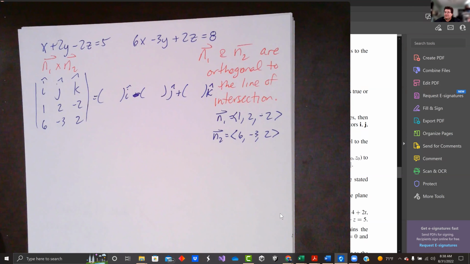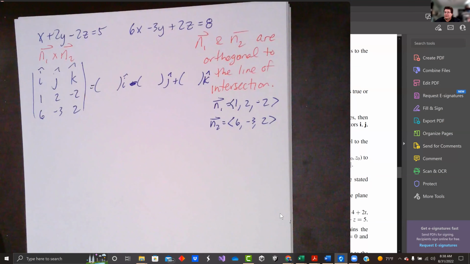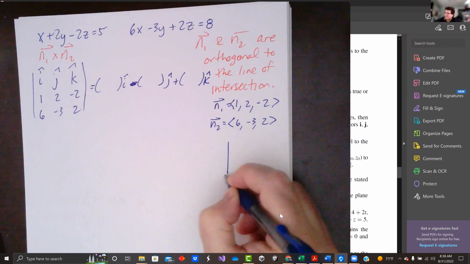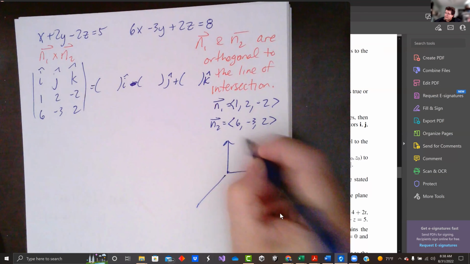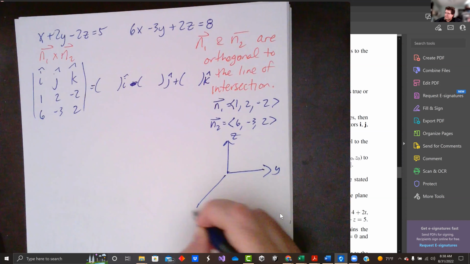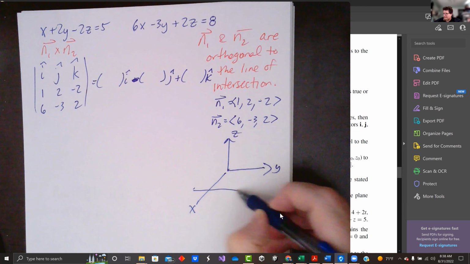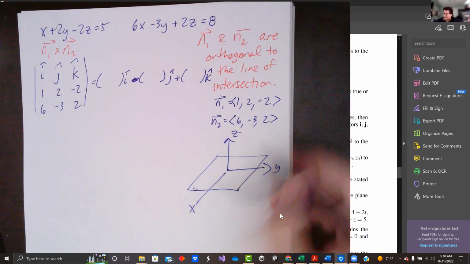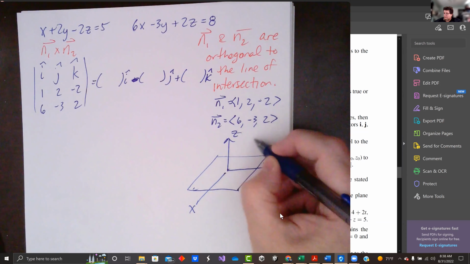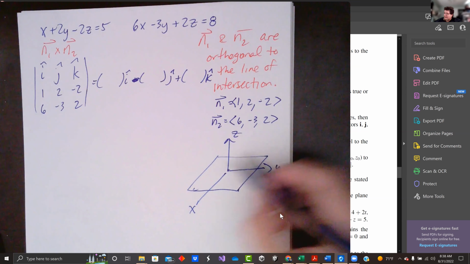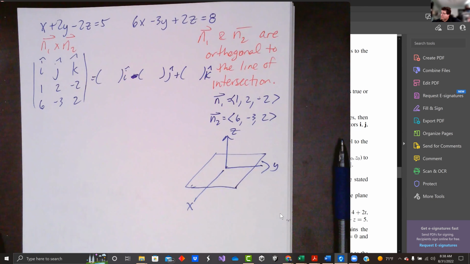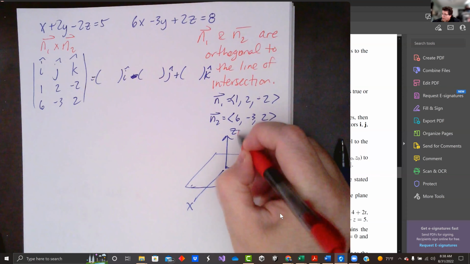That's true. Lawrence, let me give you an example you can easily visualize. Check this out, Lawrence. You're going to like this. Z, Y, X. If I have the XY plane, it's like this, and Z is the normal for it. That's N1.